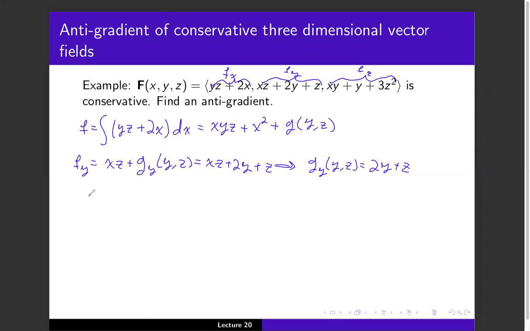So we need to know what g is now, so you can find out g by anti-differentiating this with respect to y. So g of y and z is the antiderivative of 2y plus z with respect to y. And that's going to become y squared plus yz plus some other function h, which only depends on z, because again, z terms are going to disappear when you differentiate with respect to y.